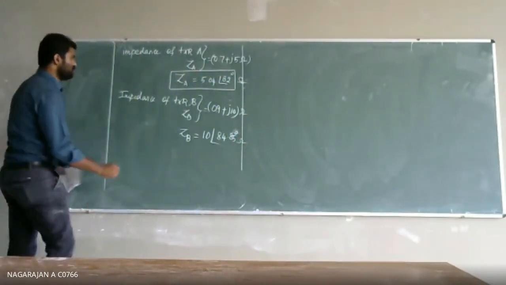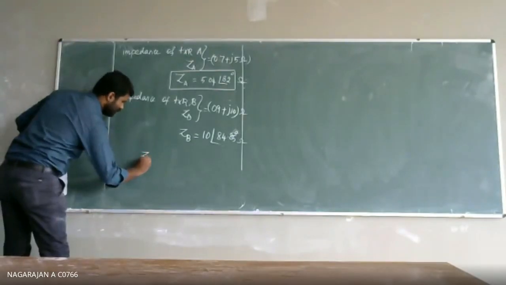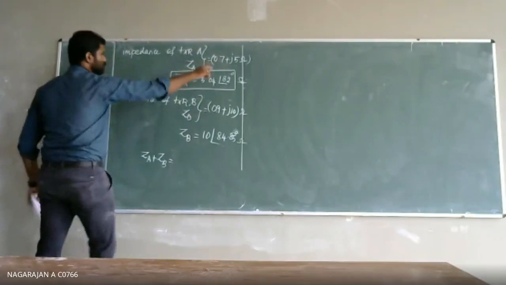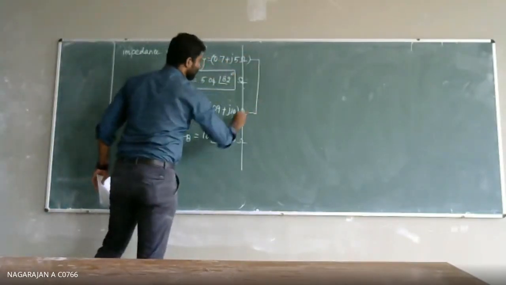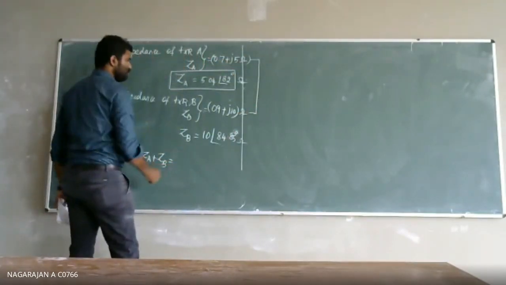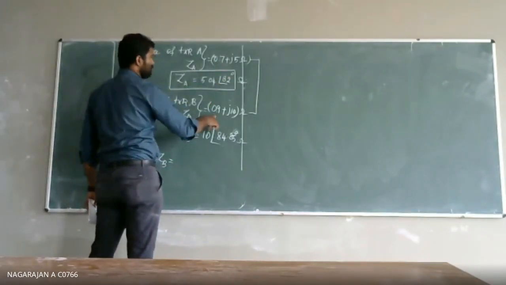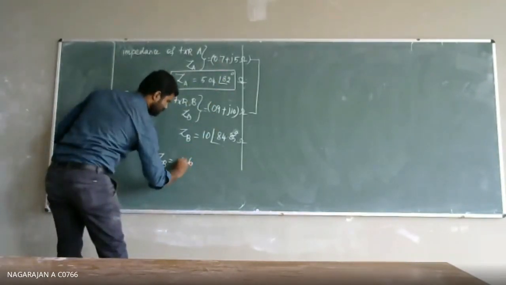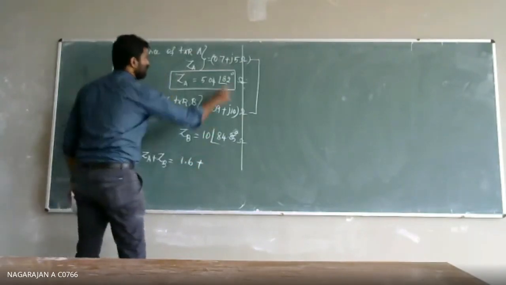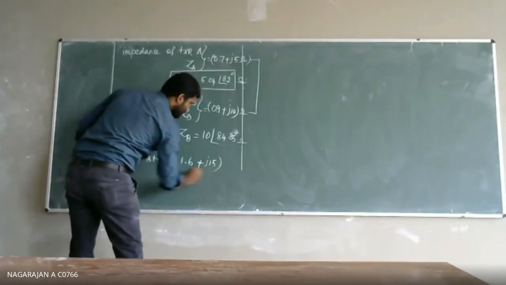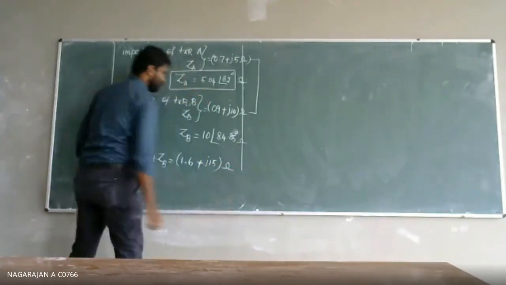So the total impedance can be written as ZA plus ZB, the sum of these two. First add them in rectangular form, then convert that into polar form. 0.7 plus 0.9 is 1.6, plus 5 plus 10 is 15, J15 ohms.